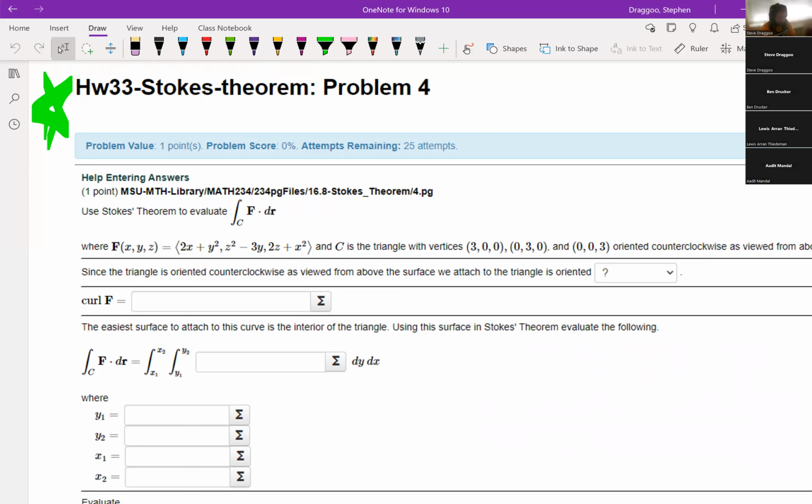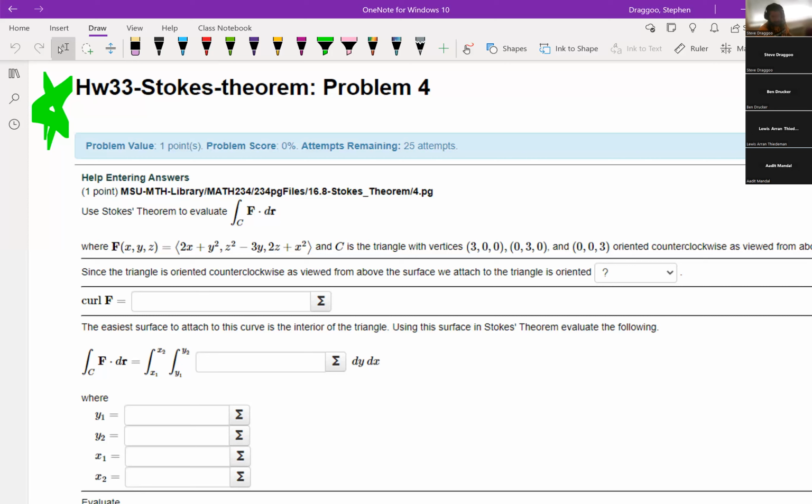So, previous problem, it said use Stokes' theorem to evaluate this double integral of the curl. This time it says use Stokes' theorem to evaluate the line integral.